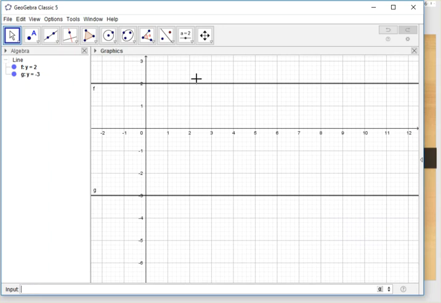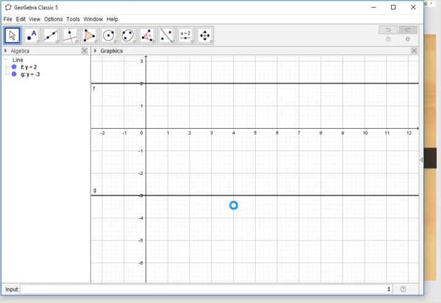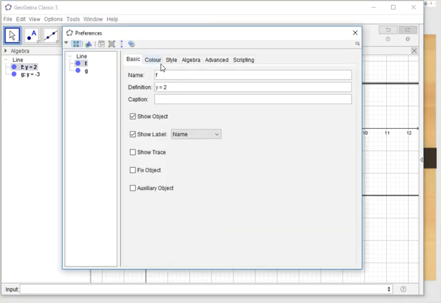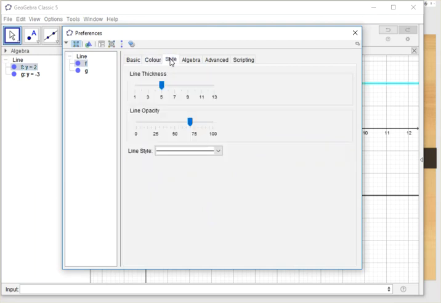You can change the color by right clicking, and you want to go to the object properties, color, pick your color. There's all sorts of other things that you can do.